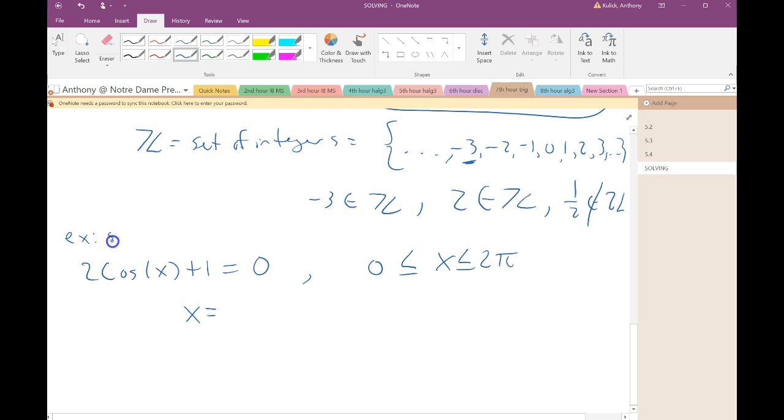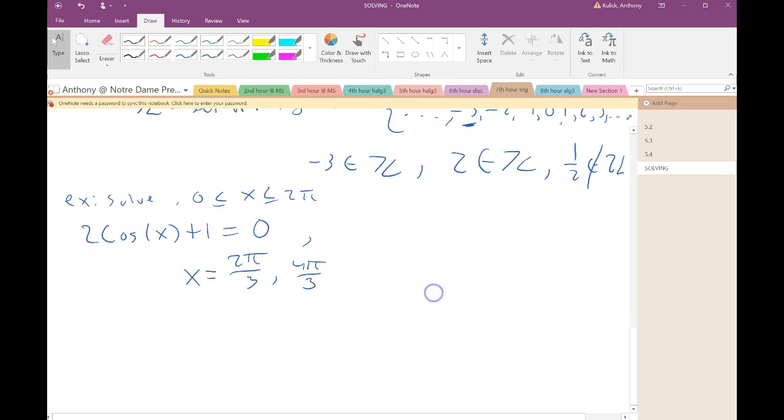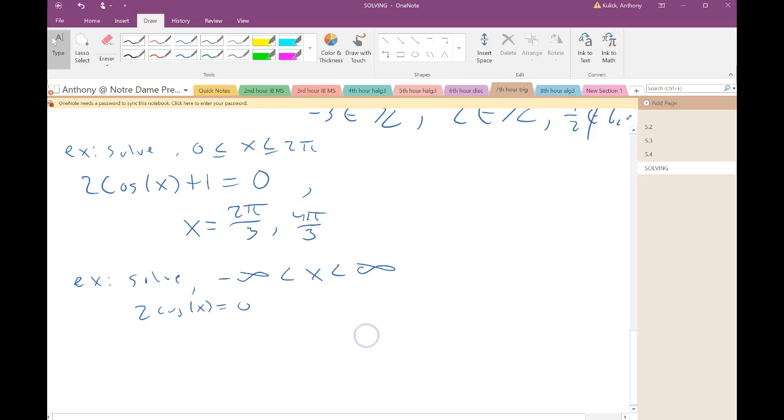So if you're asked to solve and you're told that your answers are between 0 and 2 pi, you just have the two answers that we got. If you're asked to solve and you're told you want all the answers possible, we would write this one.